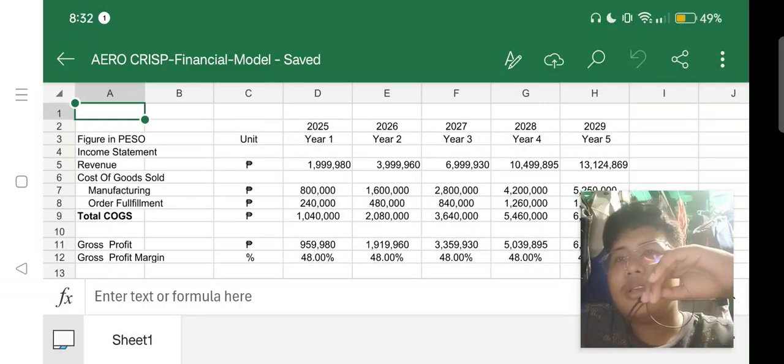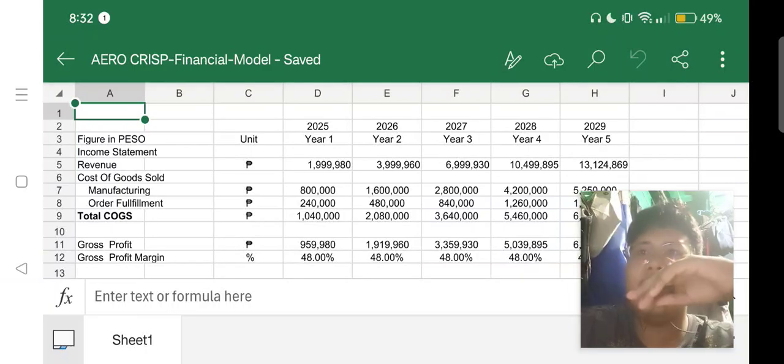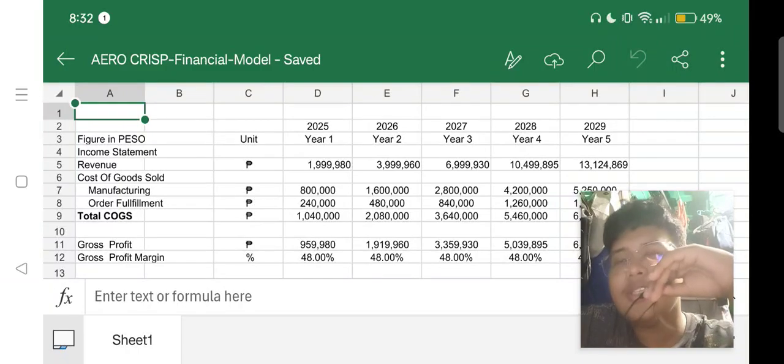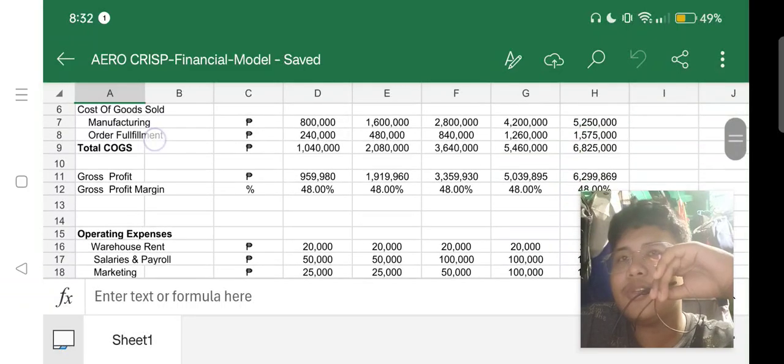The second one is the cost of goods, right? Cost of goods are expenses directly related to making and delivering the product.